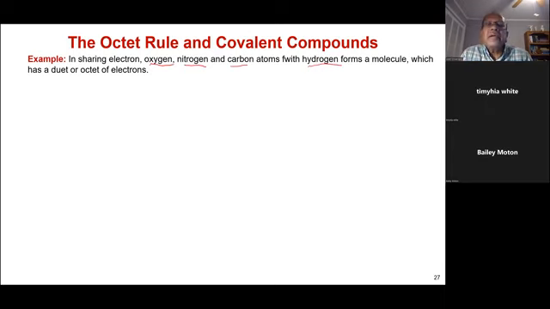When oxygen combines with nitrogen, a covalent bond is formed between oxygen and nitrogen. Any combination. Let's look at hydrogen and oxygen. Water is formed. This is a covalent compound, nonmetal atoms combined together.